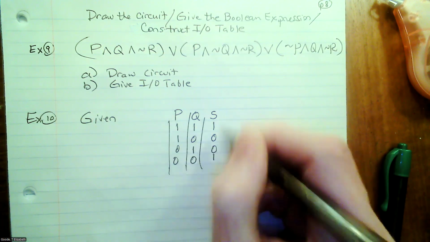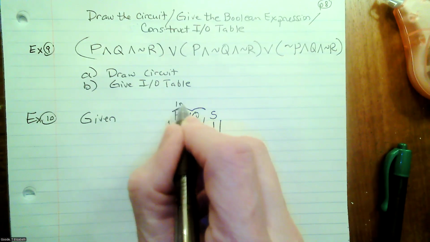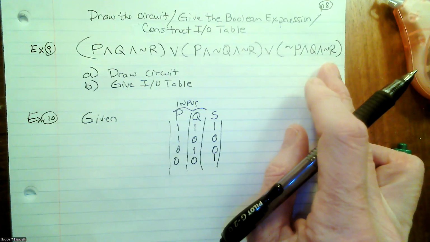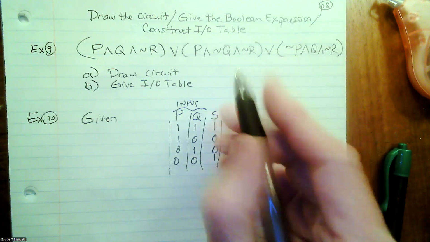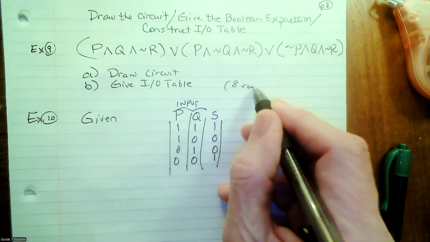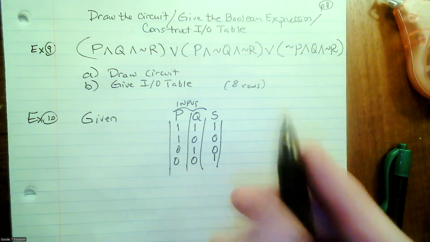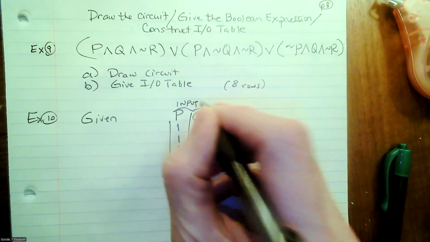Let's just do it for two, just an input of two, which is easier than this because that's an input of three. That IO table is going to have 8 rows. But here's a 4-row one, which honestly, for a final, is a little more fair.